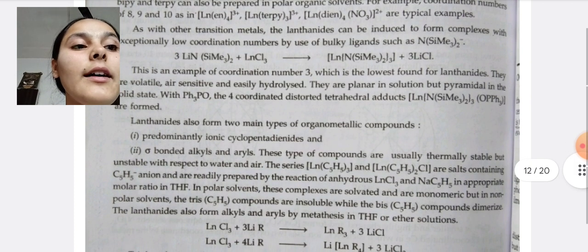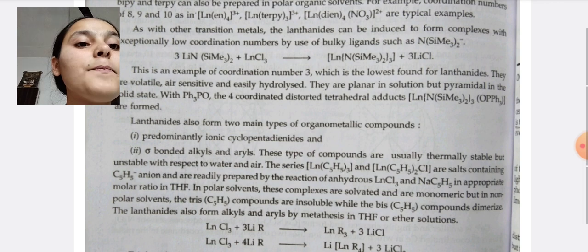Lanthanides also form two main types of organometallic compounds: predominantly ionic cyclopentadienides and sigma-bonded alkyls and aryls. These types of compounds are usually thermally stable but unstable with respect to water and air. The Ln(C5H5)3 and Ln(C5H5)2Cl salts containing the C5H5- anion are readily prepared by the reaction of anhydrous LnCl3 and NaC5H5 in appropriate molar ratio in THF.